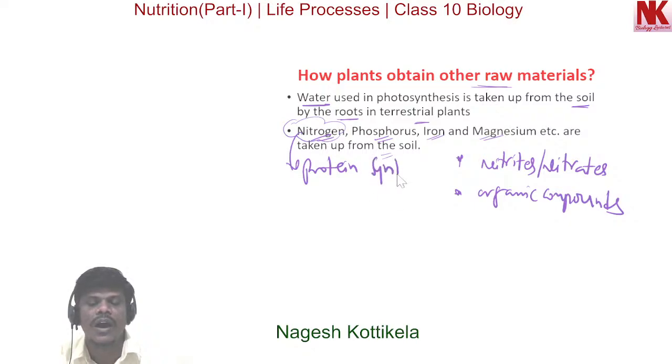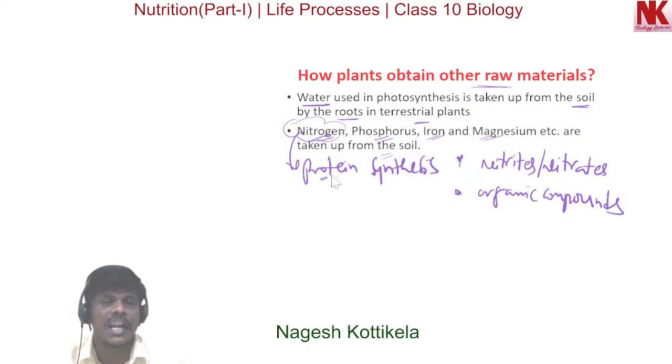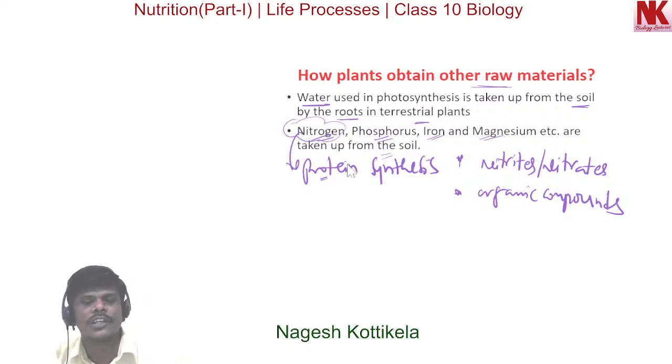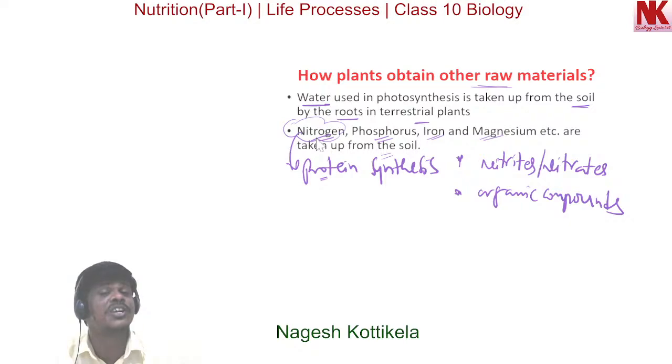I think you are aware that proteins are nitrogenous compounds, so for protein synthesis nitrogen is very essential. So this is how plants obtain the other raw materials like water and the essential mineral nutrients.